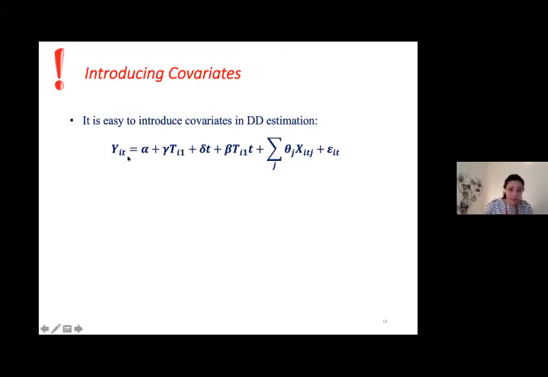So I will regress my outcome of interest, for instance my income, on the treatment variable, which equals 1 if the individual is treated in the future, 0 otherwise, the time dummy, the interaction between both, and a set of specific characteristics. So X_itg is a given characteristic g for individual i at period t.